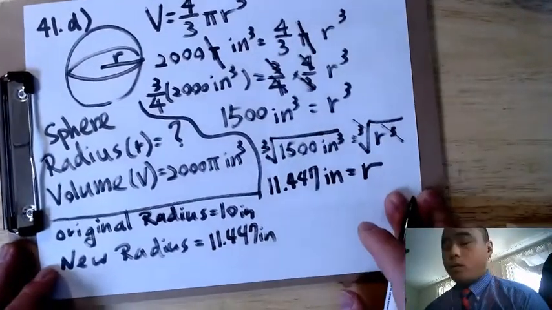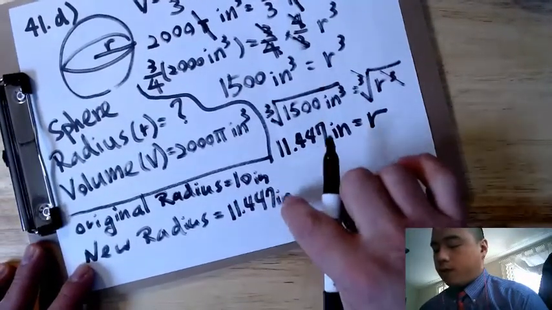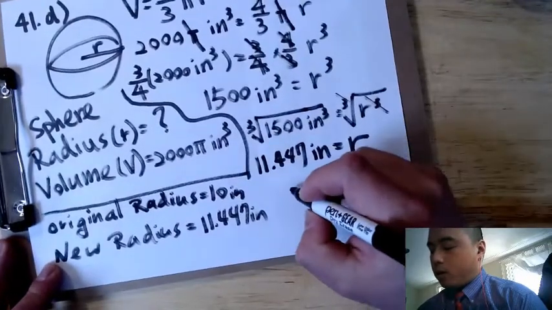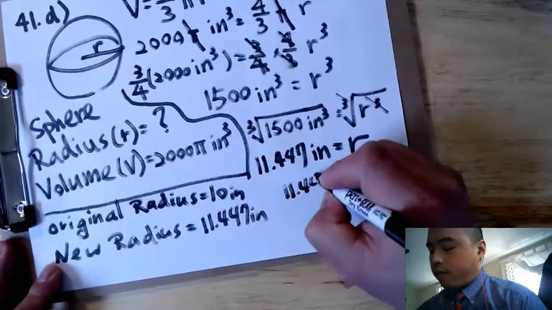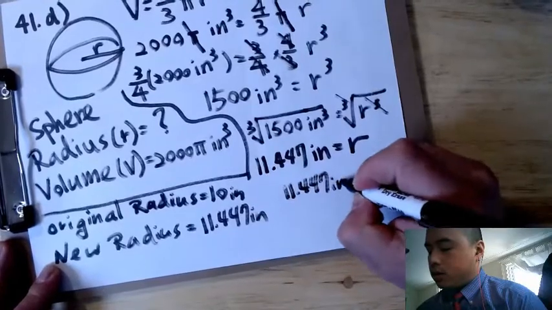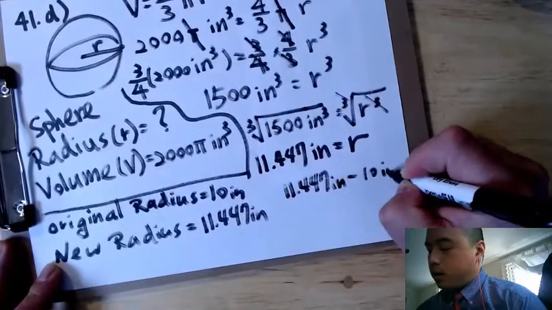And when you want to look for the change, you want to look for the difference between these two, so we will look for 11.447 inches minus 10 inches.